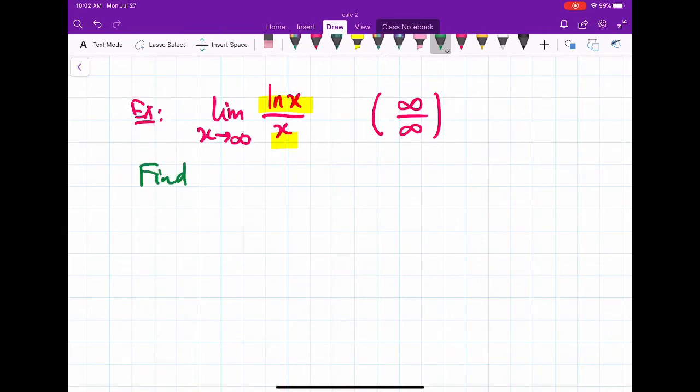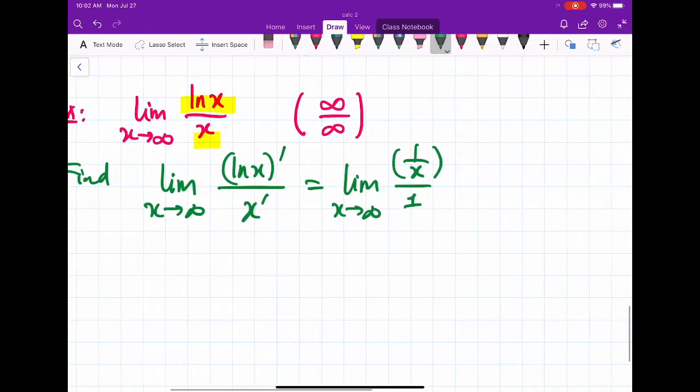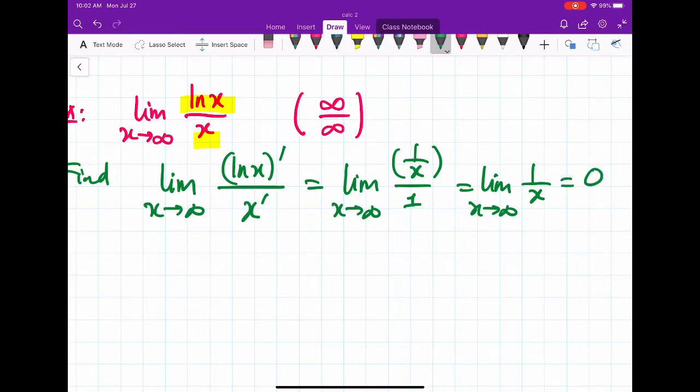So I may use L'Hopital's rule, right? Let's find the limit of the derivative of ln x over the derivative of x, as x approaches infinity. On the top you have 1 over x, and in here you get 1. As x approaches infinity, that is just the limit of 1 over x, and we know this is just 0.